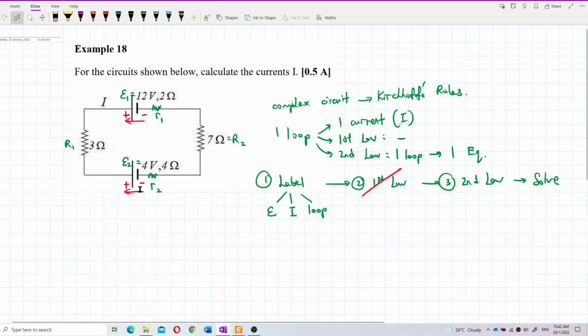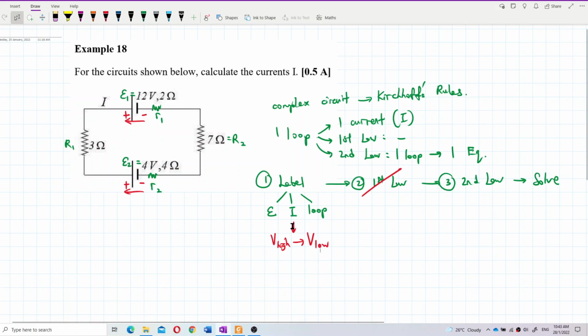Now we have labeled the EMF already. Now label the current. Current always flows from high to low potential.